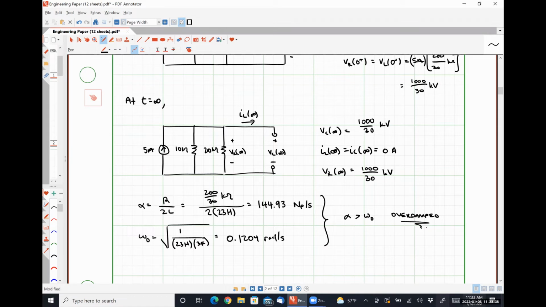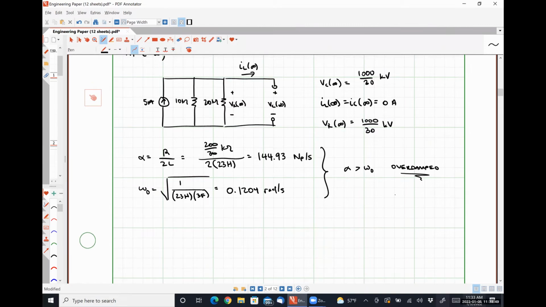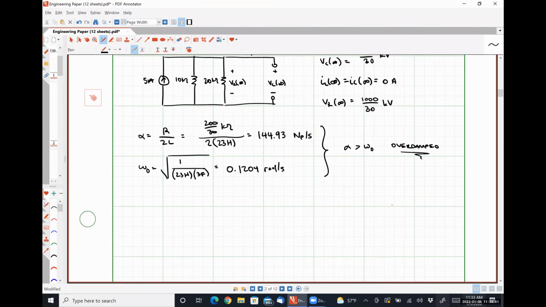All right, so since we have an overdamped circuit, we're going to use the overdamped response equations, right? Is it okay if I move to the next page on my tablet here?